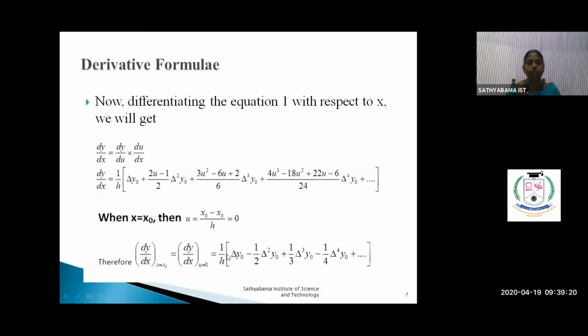So now that equation is written here. dy by dx is equal to 1 by h, that's du by dx.